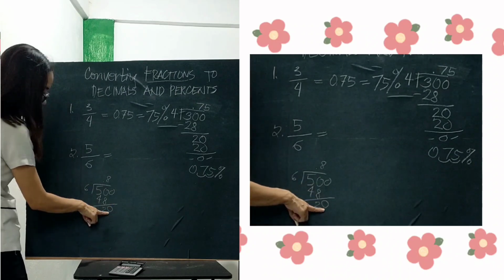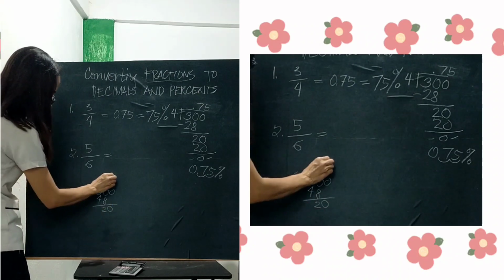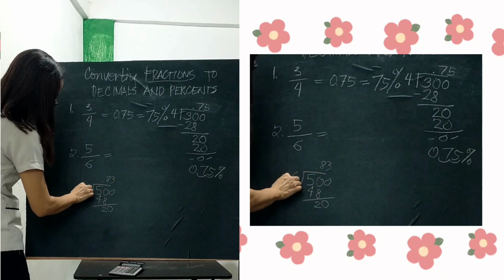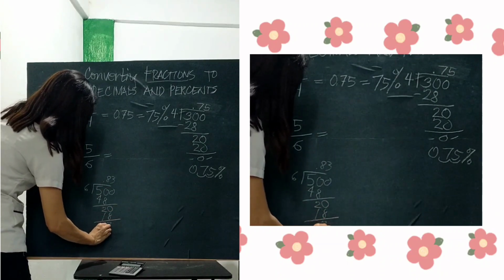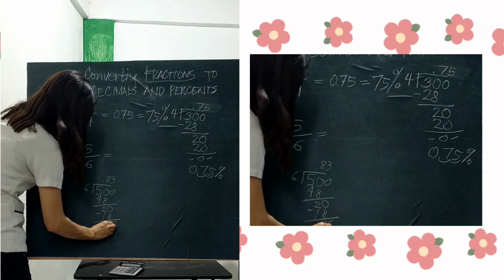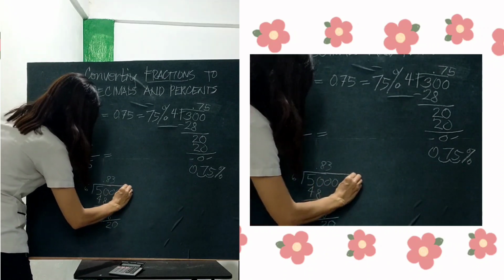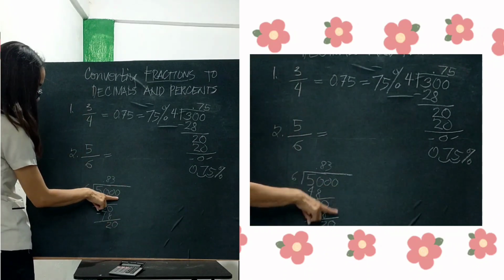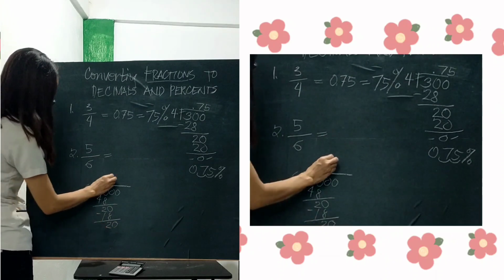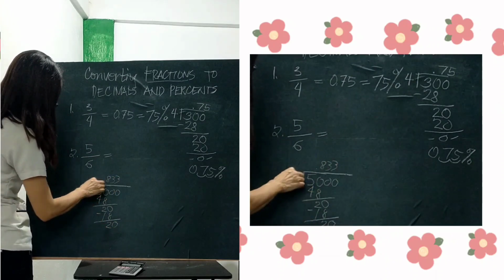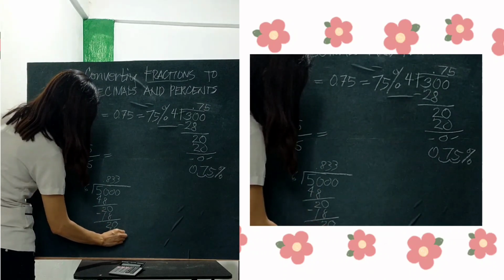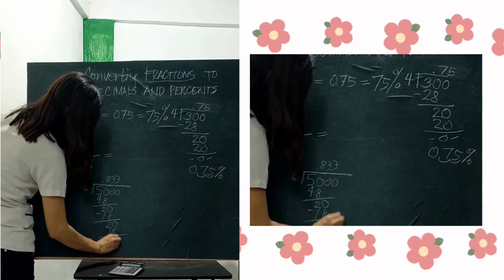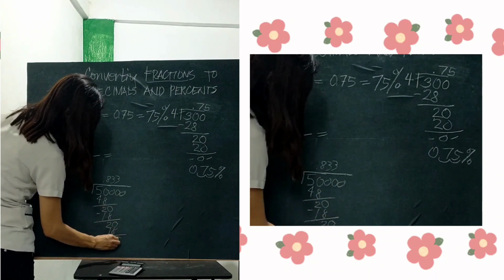Add 0. 20 divided by 6 is 3. 3 times 6 is 18. Minus that, we have 2. Add another 0. 20 divided by 6 is 3. 3 times 6 is 18. Another 0.